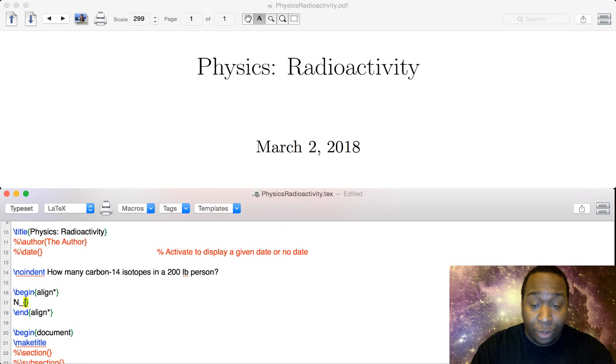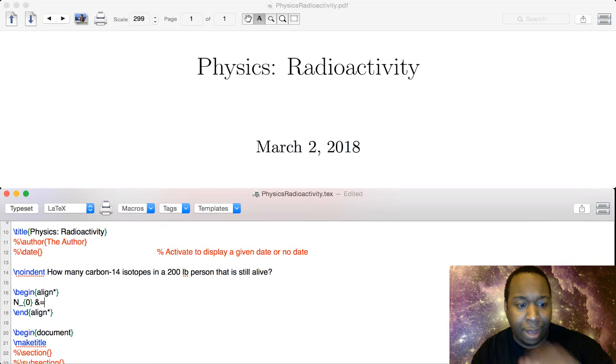And of course, we're assuming the person's alive. So how many carbon-14 isotopes in a 200-pound person that is still alive? All right. So n sub 0 or n naught, another way of naming that.